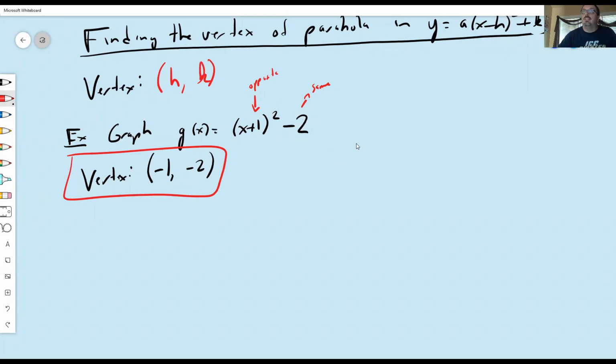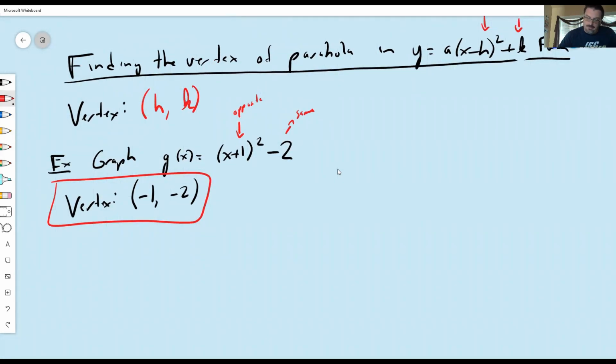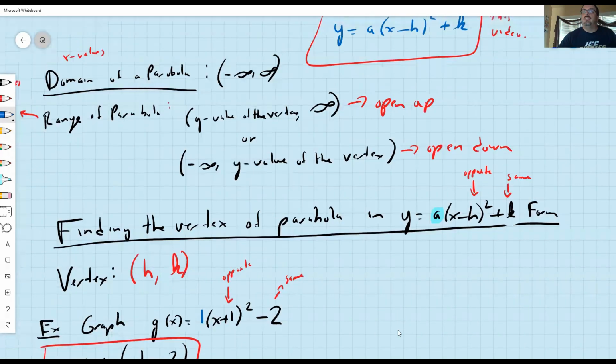If you come back, right? A is this number right here in front of the parentheses. So in our case, A is 1. And scroll up real quick.